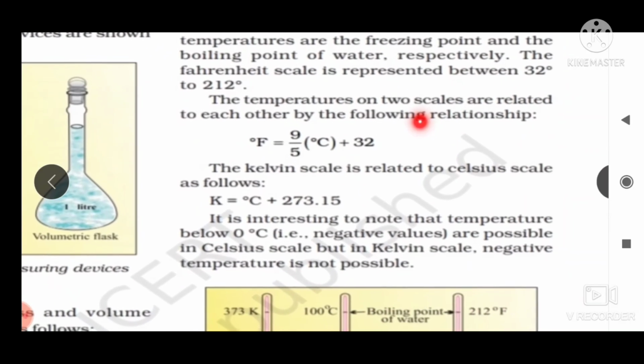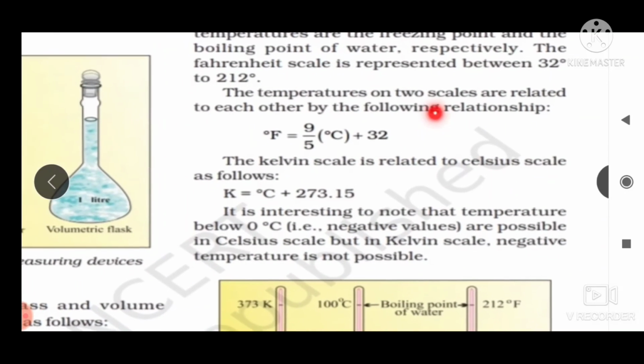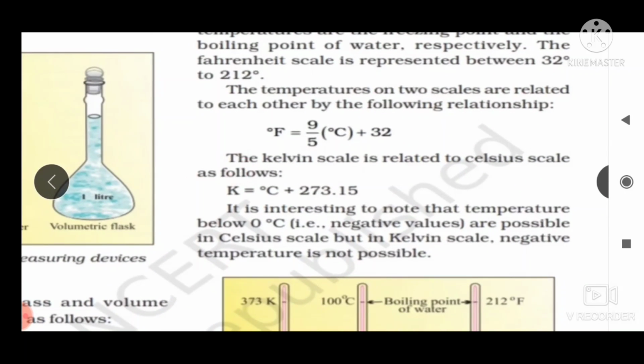The Kelvin scale is related to Celsius scale. K equals degree Celsius plus 273.15. In the case of Celsius scale, temperatures below 0 degree, that is negative values, are possible.